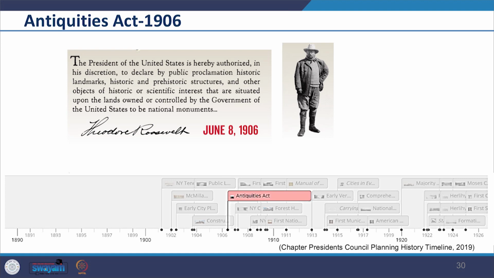You may recollect we also saw such a provision in the UK. We will also see it in the Indian context. It was a landmark in the preservation of historic places and structures as well as cultural resources. Devil's Tower in Wyoming was the first monument to be protected under the Act.